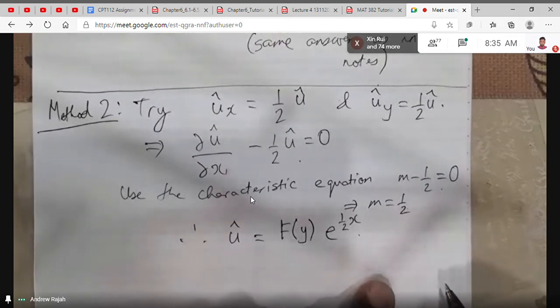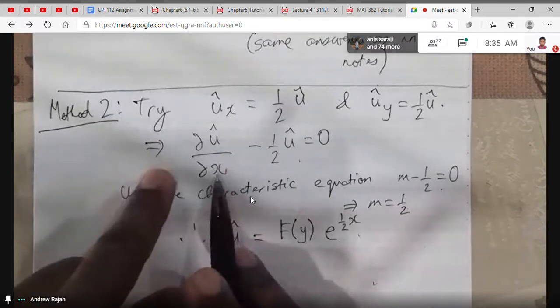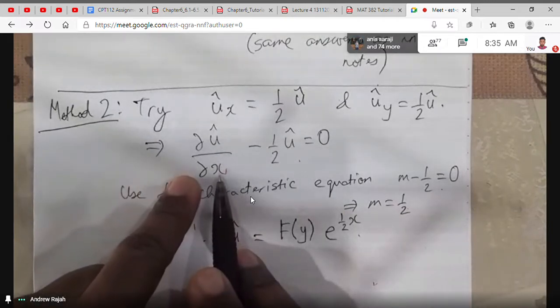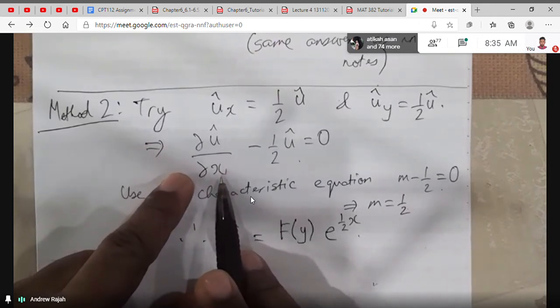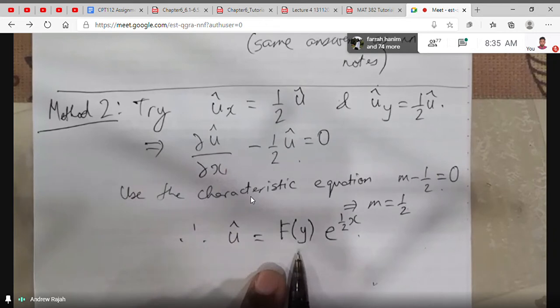But in this case, it is not ODE, but it is PDE. So its del x is formed by assuming y is a constant. So when you put it, it is like this.